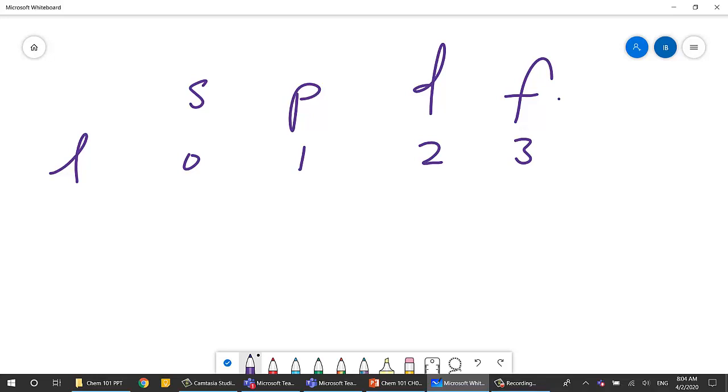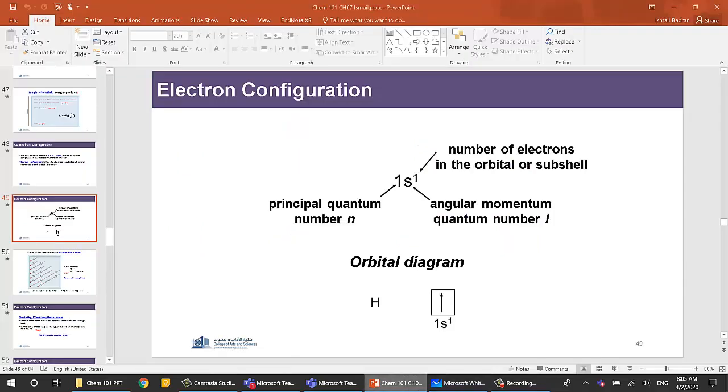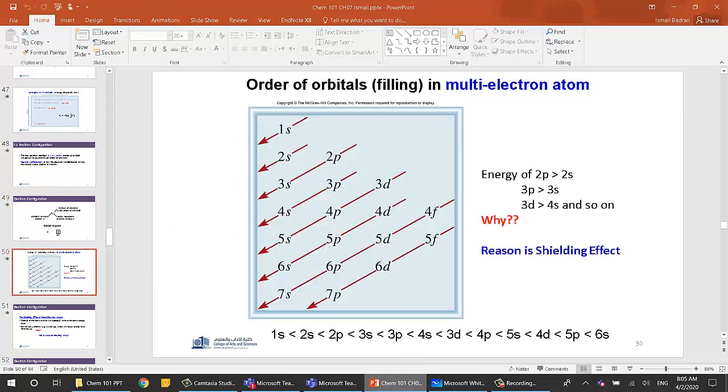And for the number of electrons that each one occupies, the s can occupy only 2 electrons, while the p can get up to 6 electrons, the d can get up to 10, and the f can get up to 14. And this all came from quantum mechanics, as you know. So when we distribute the electrons in an electronic configuration, we have to keep this in mind.